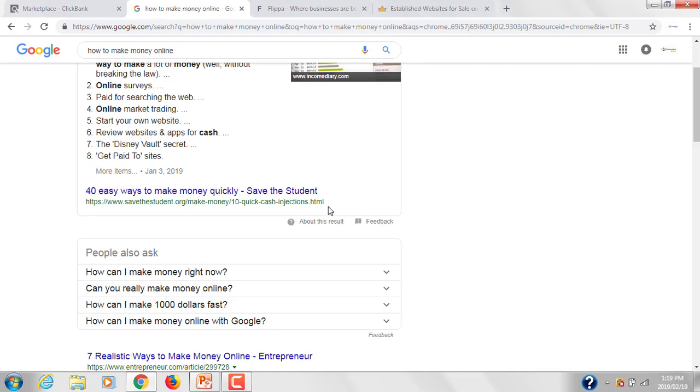No, no, no. You have to build authority in that niche. How could you build authority? By producing regular useful information for your visitors. So finding keywords in your niche and then producing great quality content for your website.